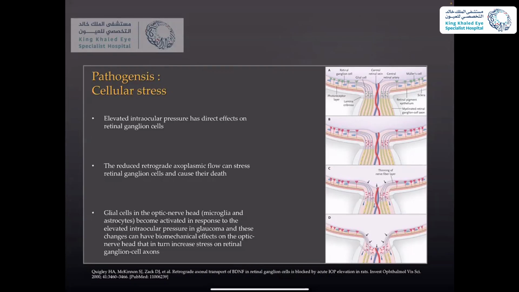And there is also an effect of high pressure directly on the glial cells in the optic nerve head, microglia and also astrocytes. This will activate those cells, and with increased intraocular pressure this will make more biomechanical effect on the optic nerve head and tend to increase the stress on the ganglion cell layer.